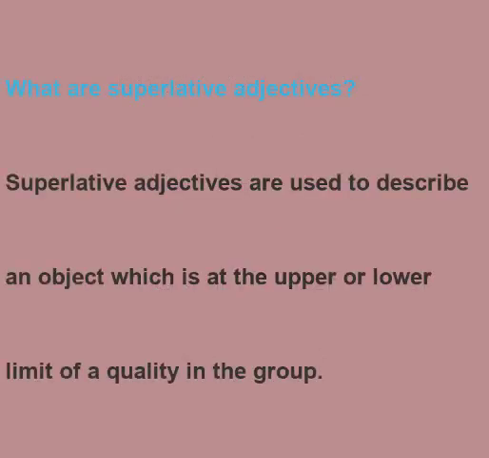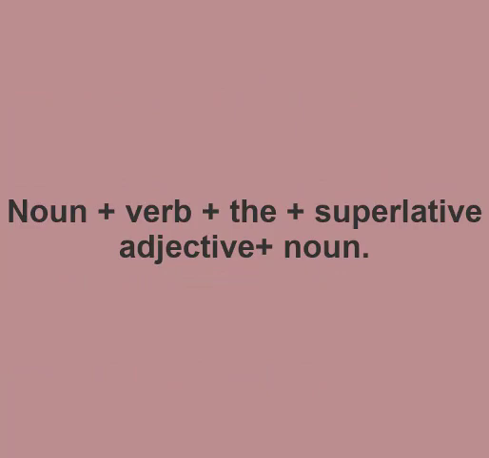What are superlative adjectives? Superlative adjectives are used to describe an object which is at the upper or lower limit of a quality in the group. How to form it? It is noun plus verb plus the plus superlative adjective plus noun.